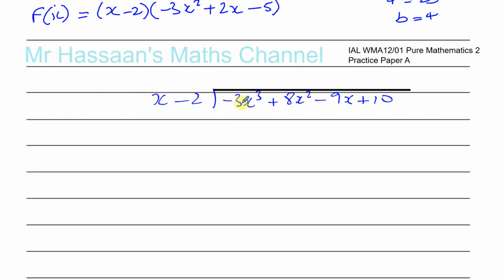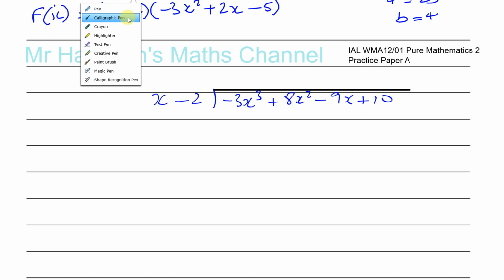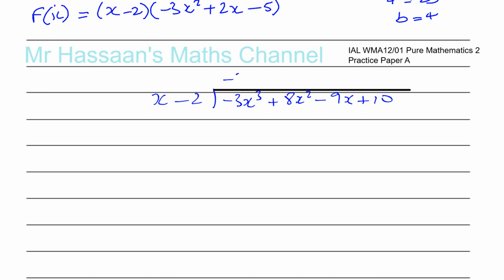So x into minus 3x cubed goes minus 3x squared times. So you can see that's where that comes from. And then, okay, so now minus 3x squared times x is minus 3x cubed.